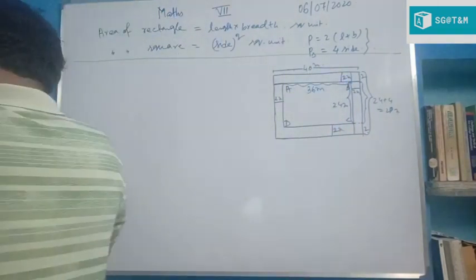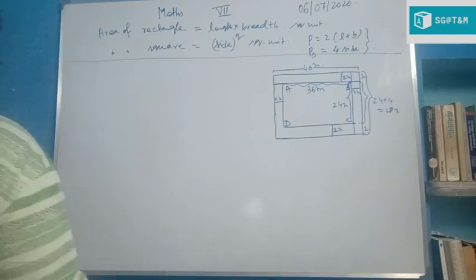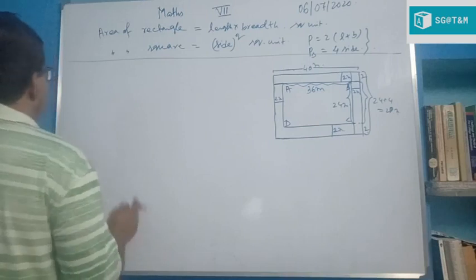Number 1, length and breadth of the plot including the path.